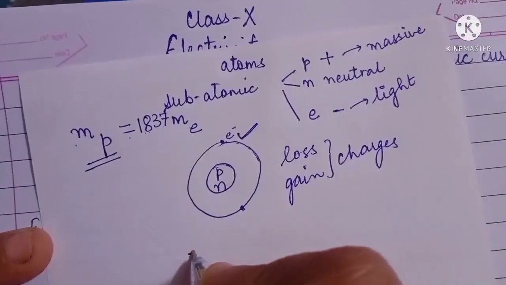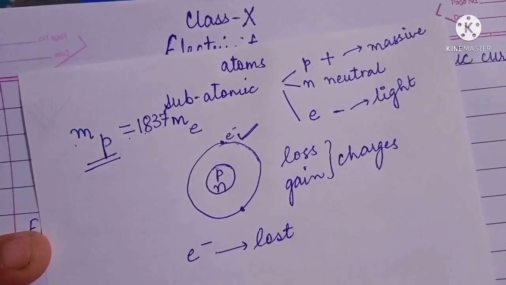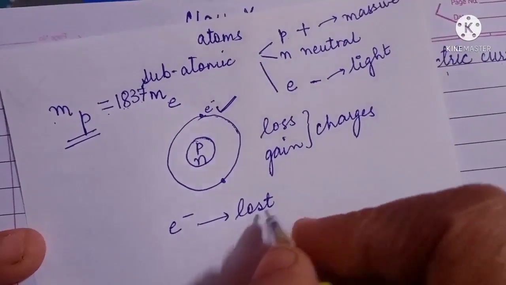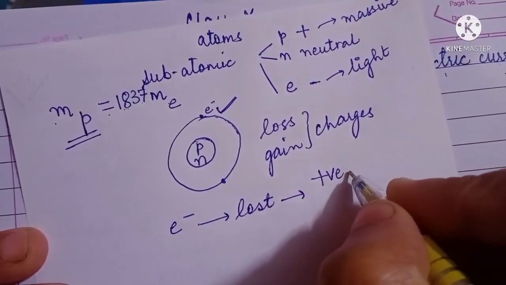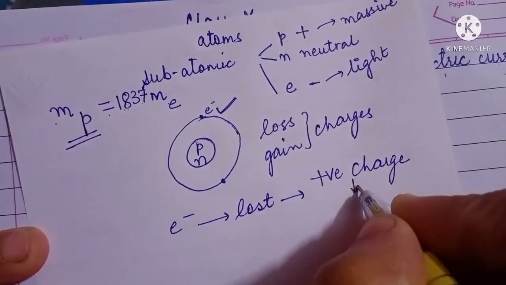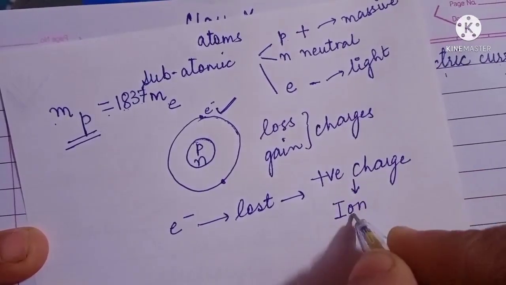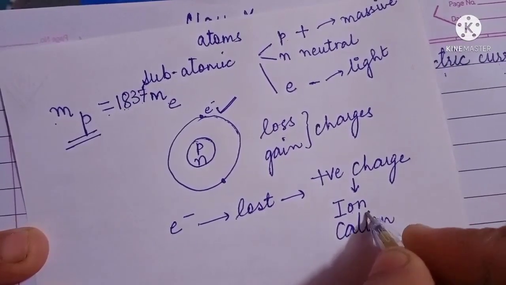If the electrons are lost, it means the negative charge is lost. If the negative charge is lost, the atom will get a positive charge on it and it will form an ion. That positively charged ion will be called a cation.